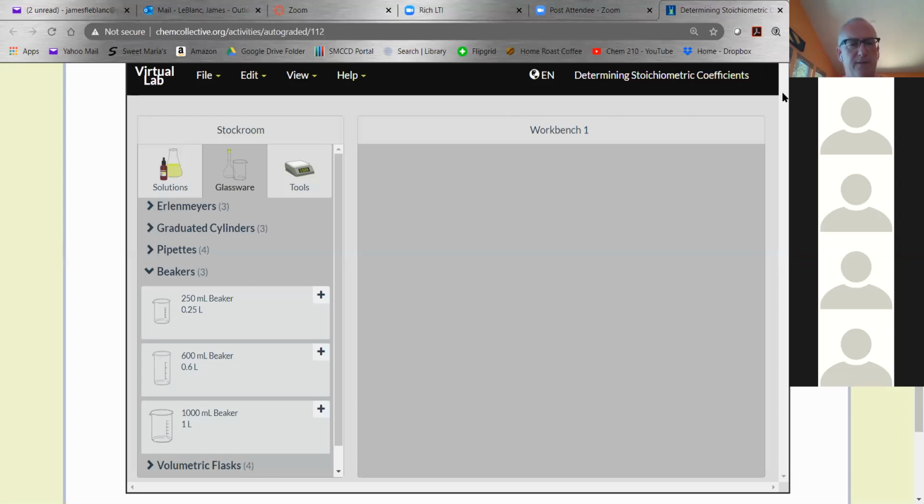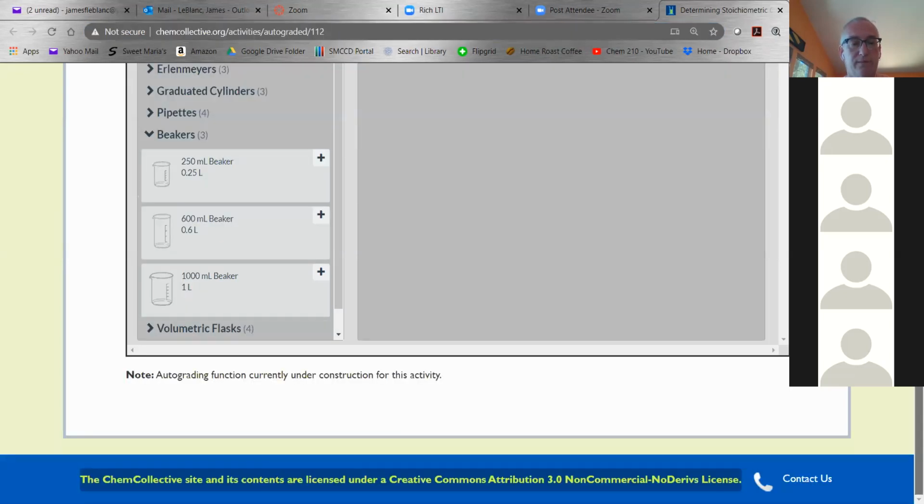So we went to chemcollective.org/activities/auto-graded/112. And that's the other thing: it will tell you whether you have the right answer. You can put in the answer here. Oh, currently under construction. Never mind.